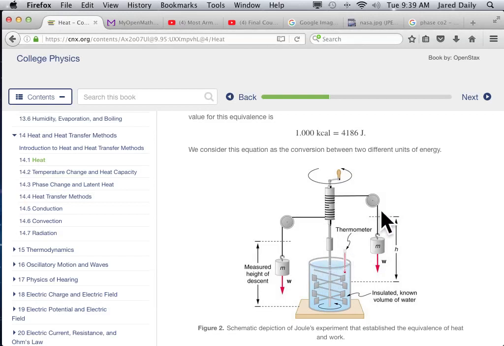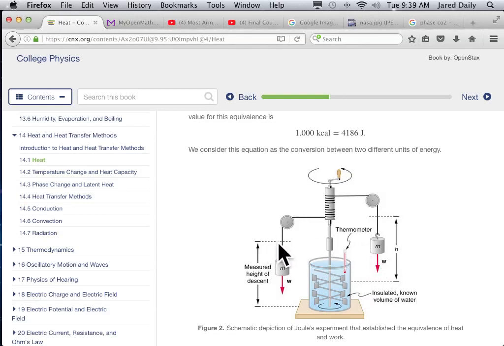And so he knew how much energy was going to be released when he released the handle. When he released the handle, these masses were going to fall from this height to this height, which would be a change in potential energy. That falling of the mass would cause the turning of the wheel, which would cause the movement of the water. And his thought was that if I move the water, it should increase the temperature, because movement of molecules is equivalent to temperature, right?